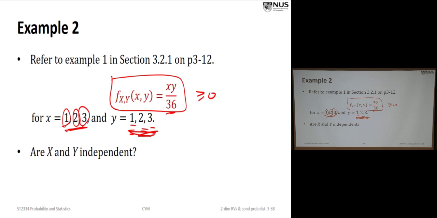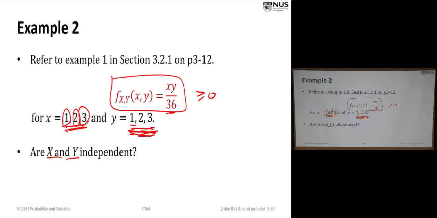So the only thing you may need to check is whether the sum of the joint PDF over these two ranges, x equal 1, 2, 3 and y equal 1, 2, 3, equals 1. Although you are not asked that; the question we are asked is whether x and y are independent.